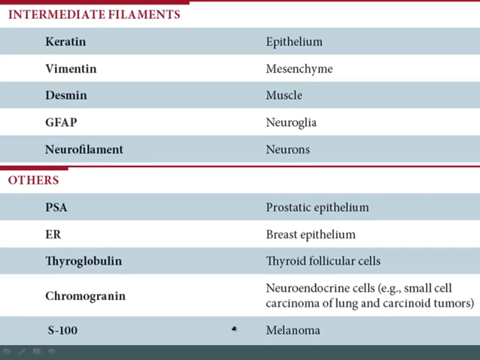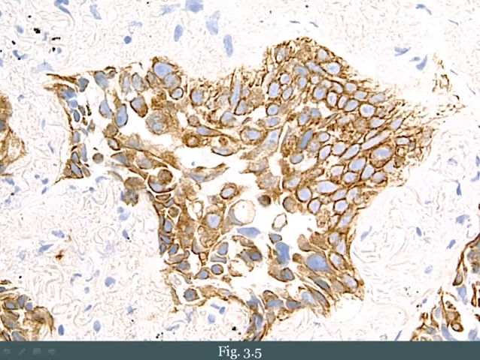And obviously, because it's keratin positive, that would indicate epithelium, which would then indicate that you have a carcinoma. So I hope that I've made that clear because it is a relatively high-yield topic. Here's a picture of an immunohistochemical stain just to let you know what one looks like. Basically, this brown staining indicates that the cells are reacting with the particular antibody that we've introduced in this test.